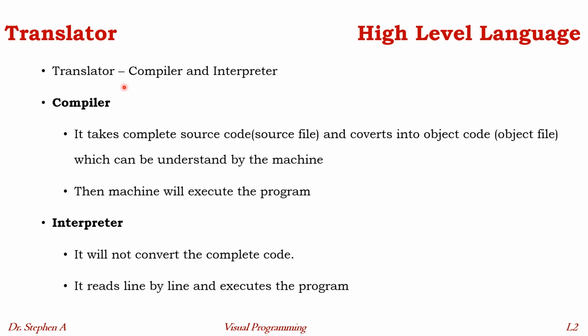There are two types of translator: the compiler and the interpreter. A compiler takes the complete source code and converts it into object code, which can be understood by the machine. Then the machine executes the program. An interpreter does not convert the complete code; it checks one by one, reading line by line and executing the program. That is the difference between compiler and interpreter.